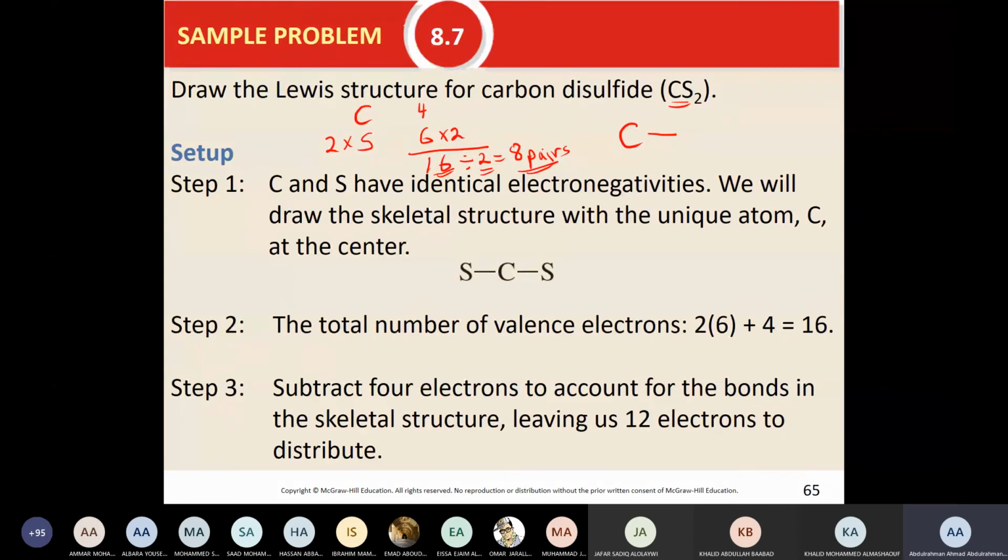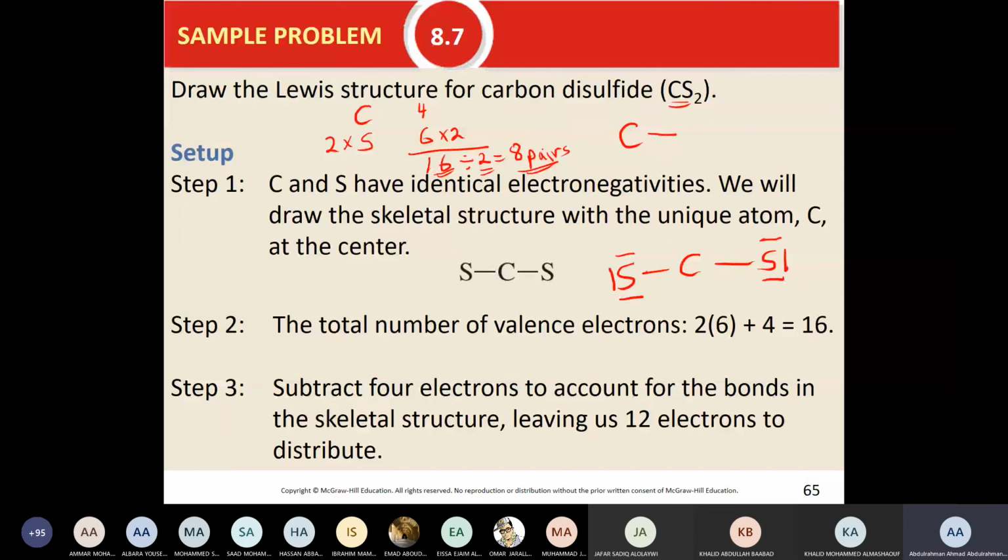Then distribute the 8 pairs. This is the carbon, this is S, and this is S. I used 2 pairs already. If I use 3, 4, 5, 6, 7, 8, is this acceptable?